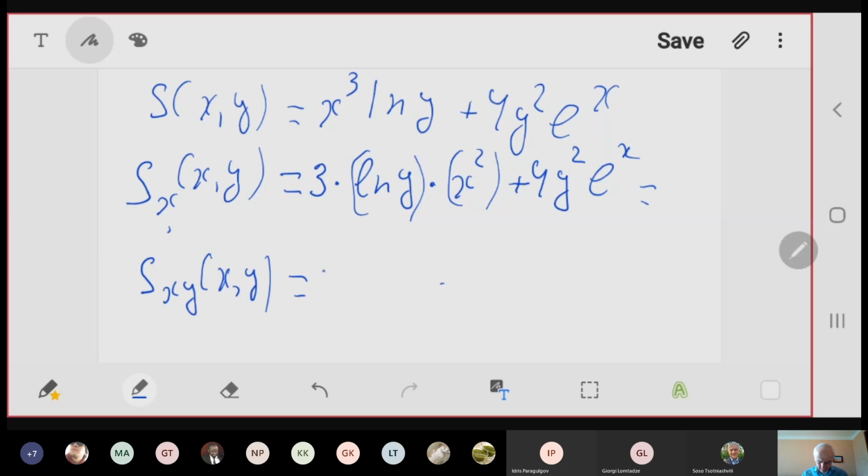So it's going to be 3x square ln y plus 4 times y square e to power x, and I should take this derivative by y.